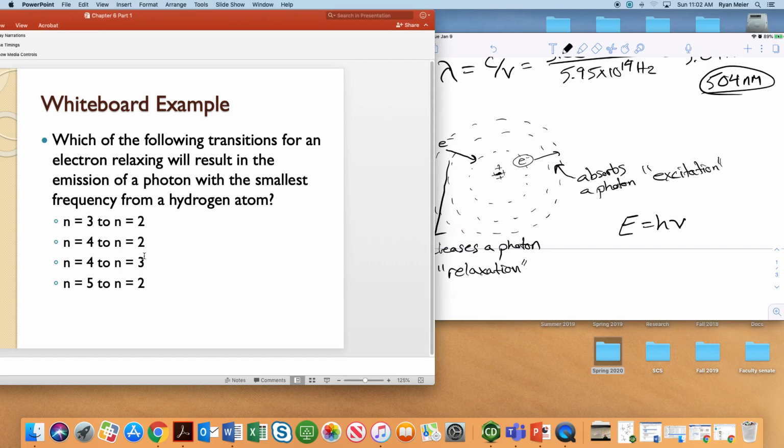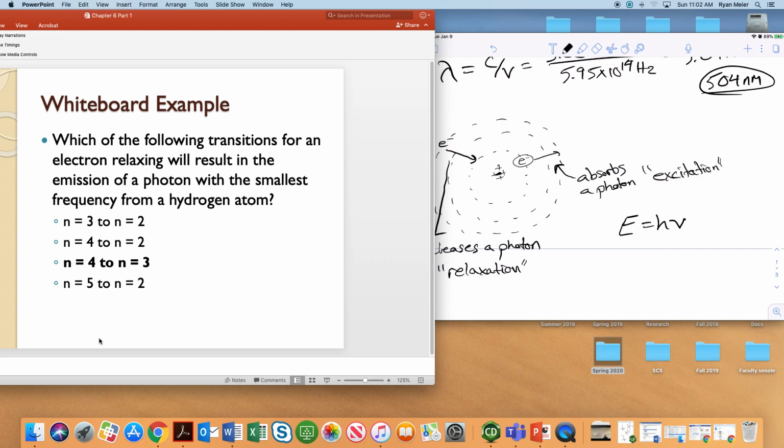And that can be a conceptual way to go through and look at this problem and try to figure out which of these is going to give us the smallest frequency for these different transitions. If you look at some of the example problems I'm going to post for this, as well as the homework, for any of the classes, I'd probably guarantee there'll be at least 1 or 2 questions similar to this, because this is a pretty popular way of asking these kinds of questions to conceptually check how you're understanding things.